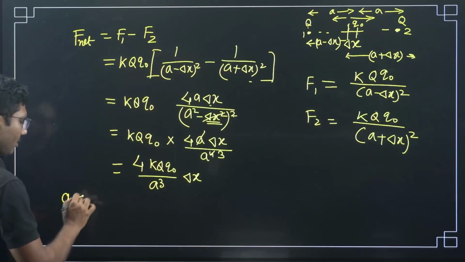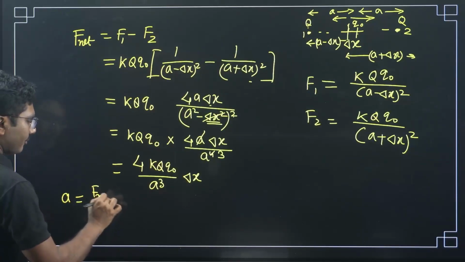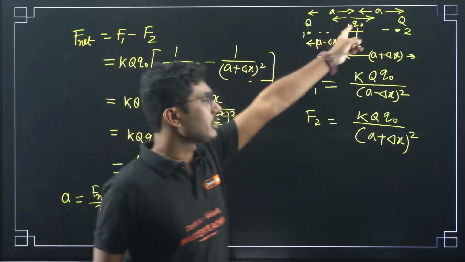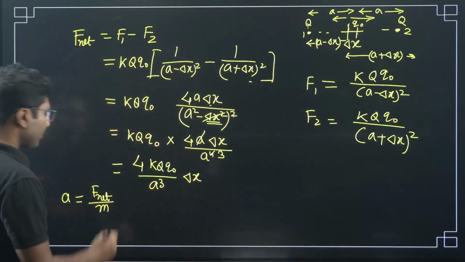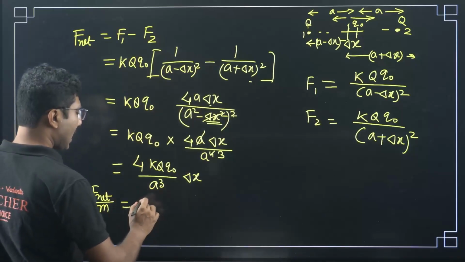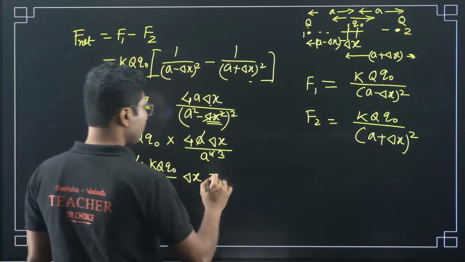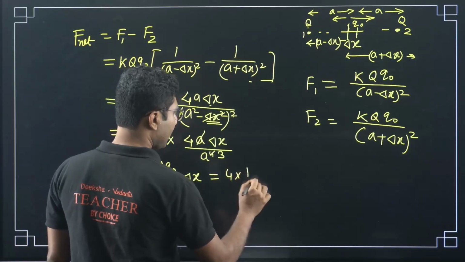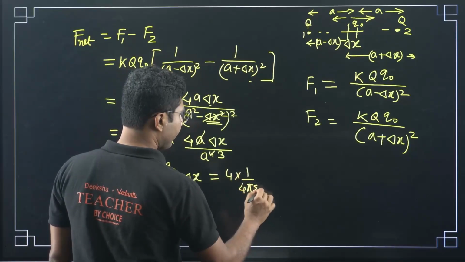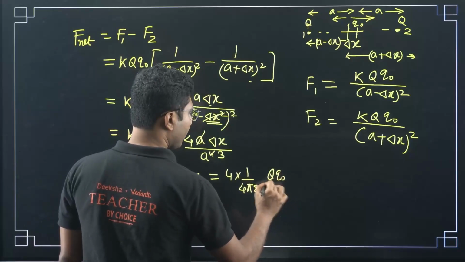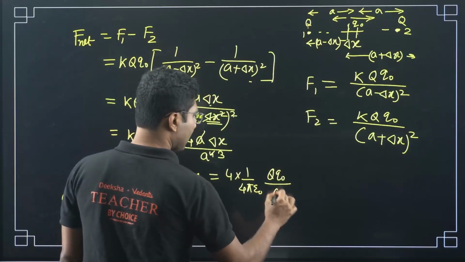But anyway, what we also know is that acceleration will be given by net force divided by the mass of this small q naught charge, right? So what is the acceleration here? Acceleration, now you have to put the value of k also. So 4 into 1 by 4 pi epsilon naught q naught by a cube.